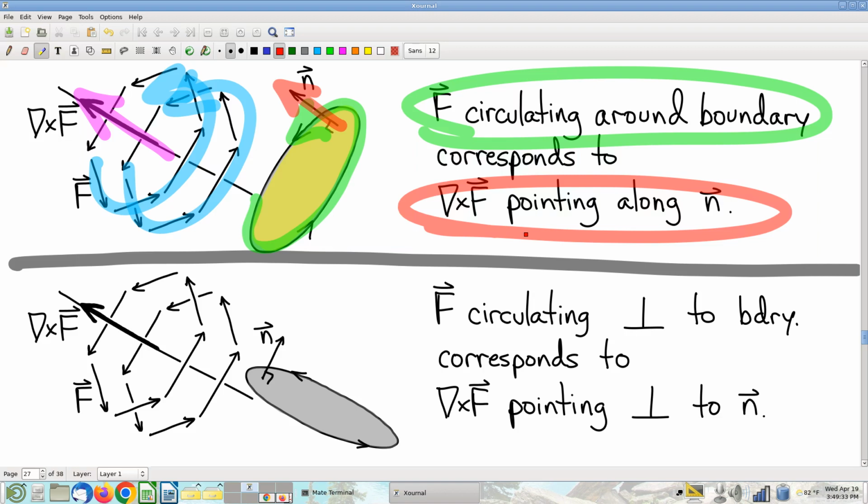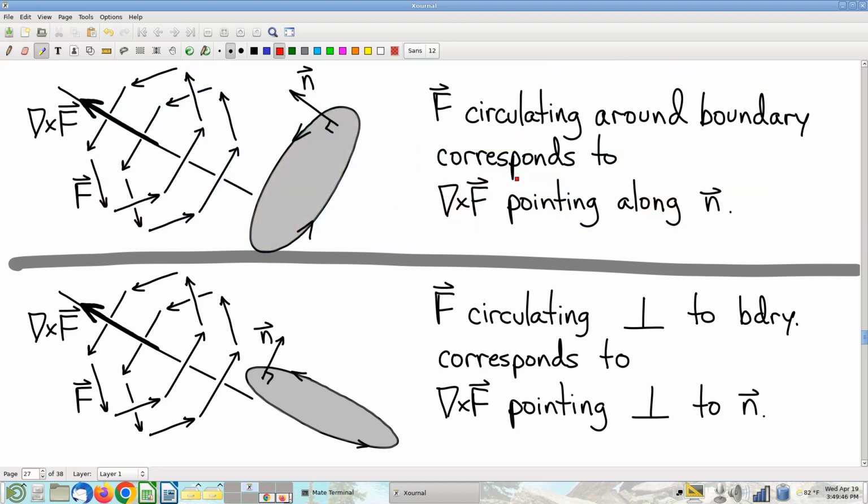So what you see here is that when the fluid is along the boundary, then the curl is along the normal vector. By contrast, let's consider another scenario. Here's a perfectly plausible scenario with the same fluid, but now we have a different little piece of surface here.